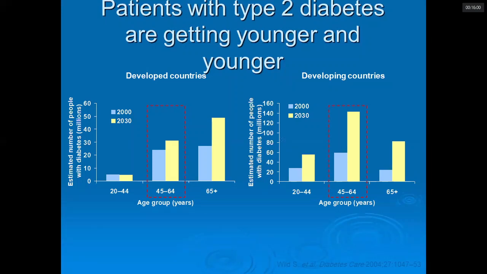Developing countries are much higher. Nowadays in the 20 to 44 group the percentage was about 20 in 2000, and in 2030 it will maybe increase to about 40, okay.